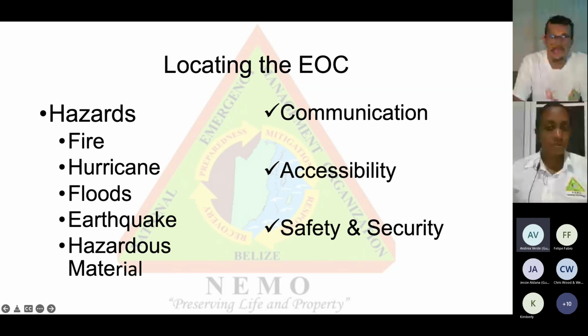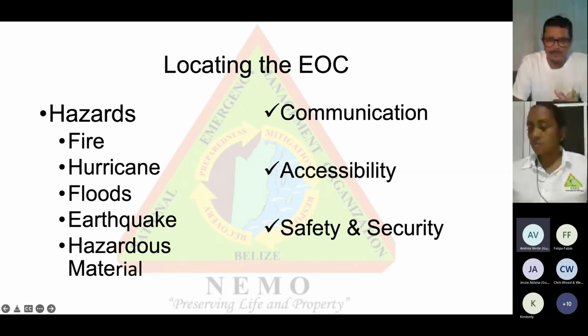So these are some of the hazards that the EOC should consider insuring itself against, and also the hazards that the EOC manages, right? We can't manage a situation if we are just as vulnerable as the areas that are being impacted. So we have to ensure that we are safe from these hazards so that we can manage the impacts of these hazards on the communities, our district and country, right?